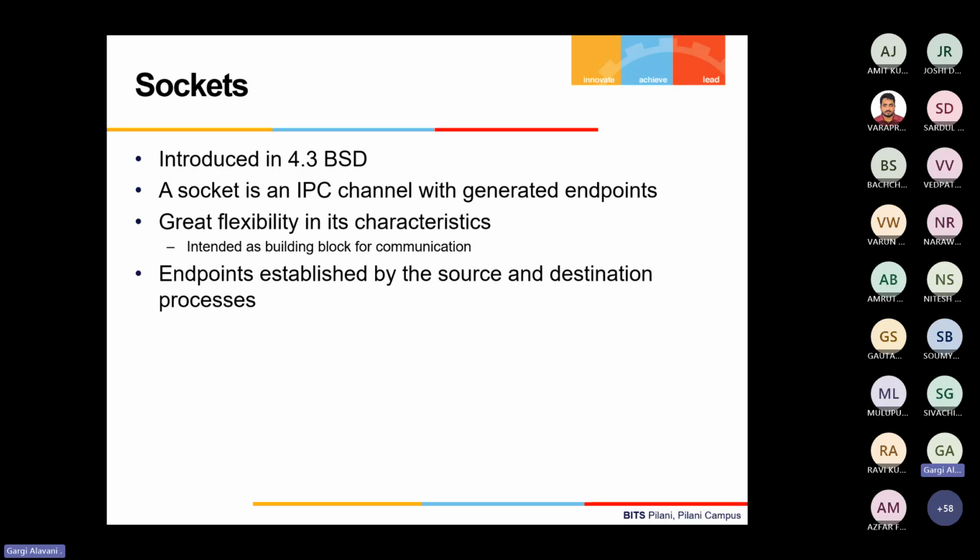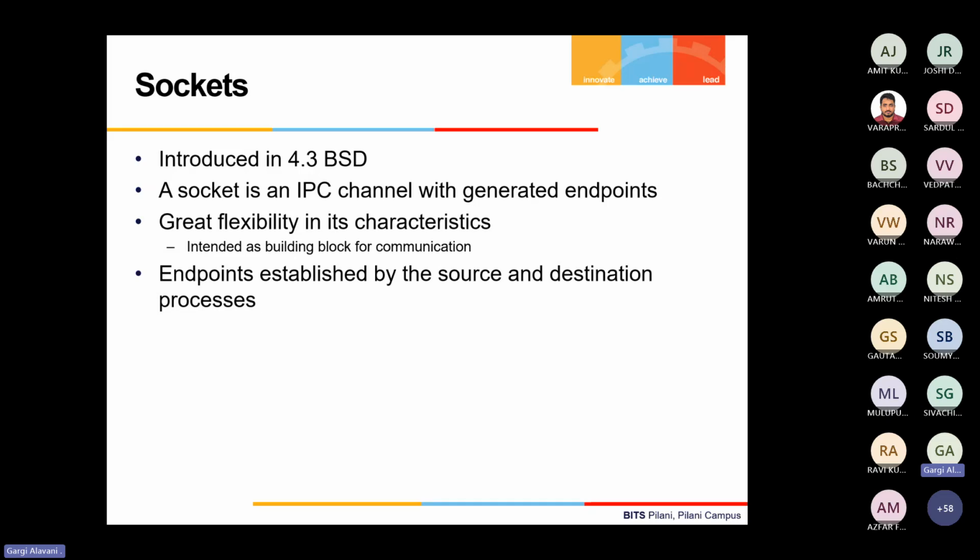Yes, agree. So sockets are flexible and very powerful IPC mechanisms. They consist of two endpoints, one created by the source process, the other for the destination process. What makes sockets particularly powerful is, as you said, versatility.